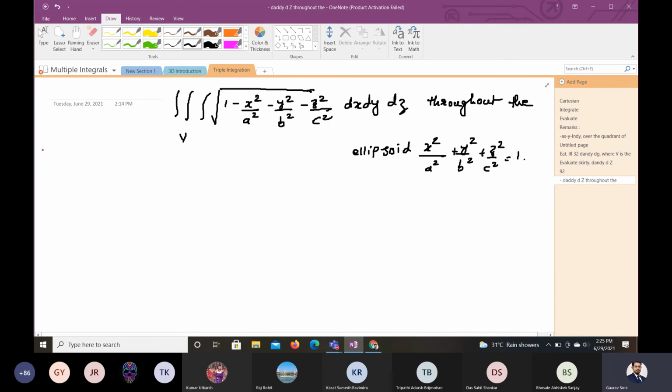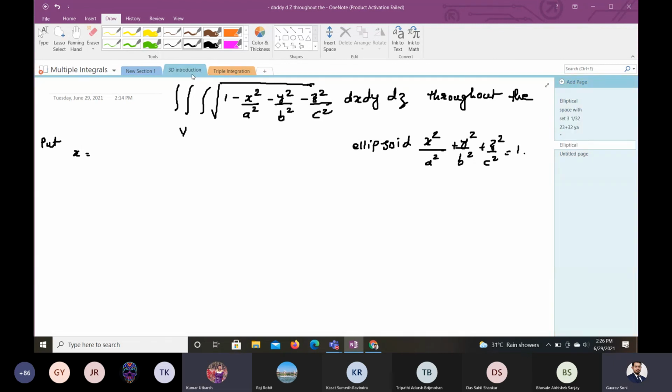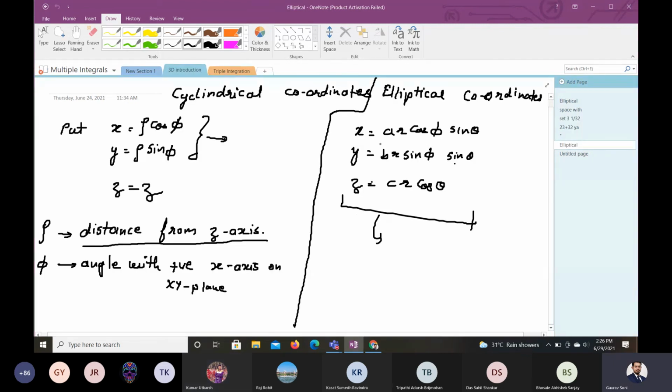What is the substitution for this? X equal to 0 to a. No. In the previous lectures, we also have seen these elliptical coordinates. So whenever you are going to have an ellipse, we need to go for this coordinate.